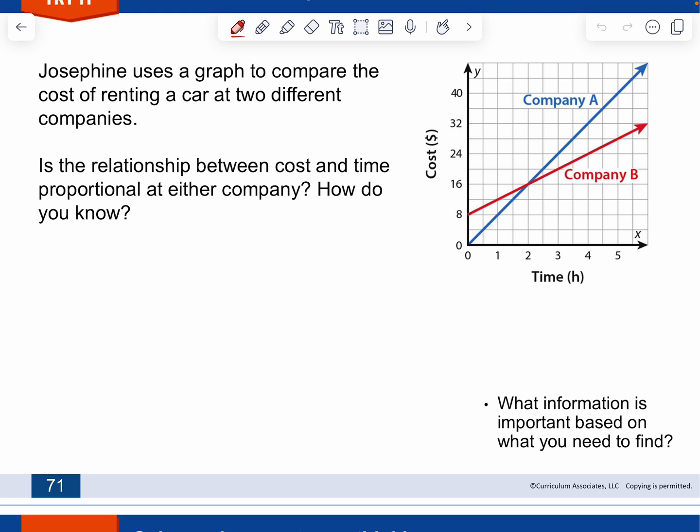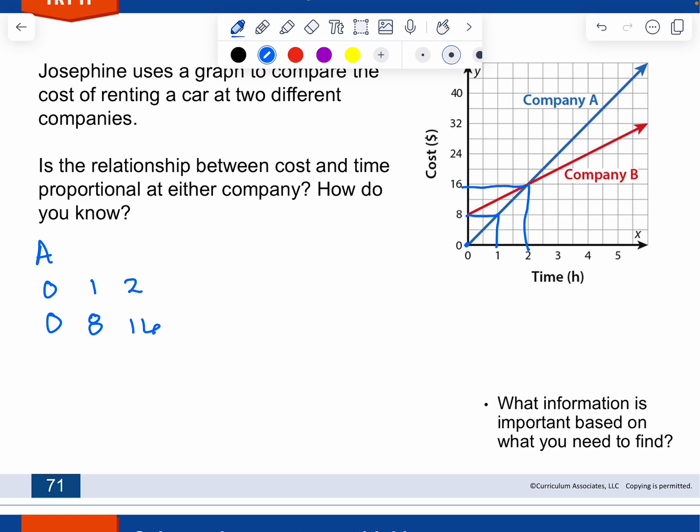I think I'm going to make a table for each one. So company A is blue, so let me go blue. And the first point is 0, 0. And then at 1, 8. 2, 16.